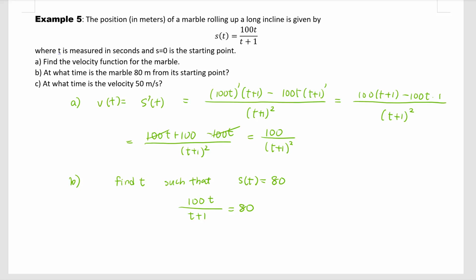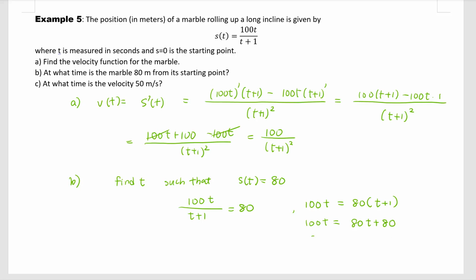How do you solve for t? Multiply both sides by t plus 1. We get 100t equals 80 times (t plus 1). Don't forget your parentheses, because next, when we distribute, we have 80t plus 80. If you forget the parentheses, then this becomes just 1 instead of 80, so be careful of that. Subtract 80 and subtract 80t from both sides.